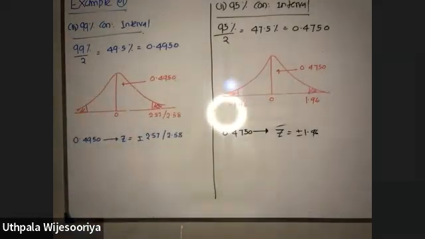Can you remember the properties of the t distribution? In the previous chapter I explained the properties of the t distribution, and the last property is what?